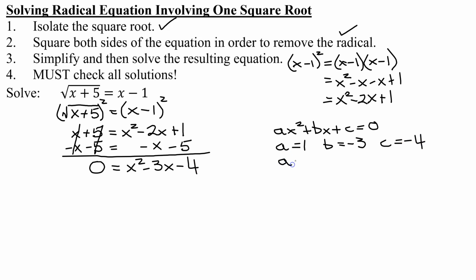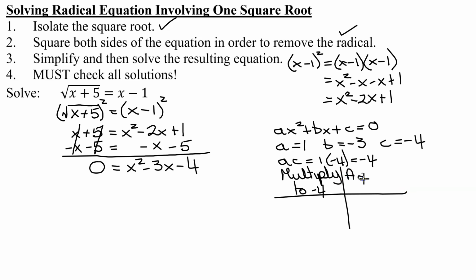So you multiply a times c, 1 times negative 4 is negative 4, and I need two numbers that multiply to AC, or to negative 4, and they need to add to B, which is negative 3. As they multiply to a negative, the signs are different. And since they add to a negative, the bigger number has to be the negative one.